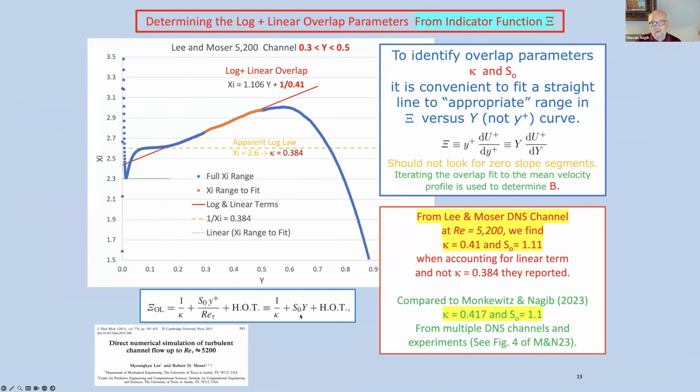You can see why we use outer variables, because you don't have to worry about Re tau. It's all straightforward. Everything else is higher order term.